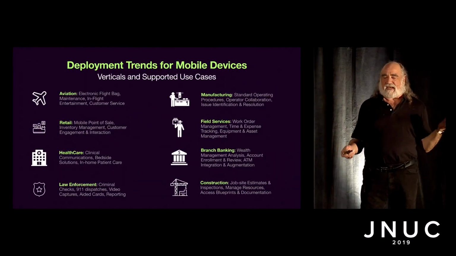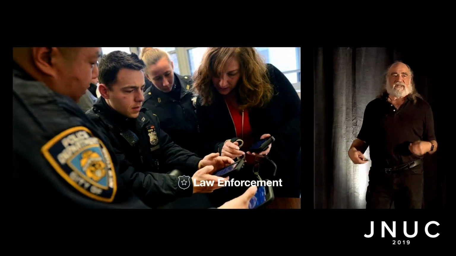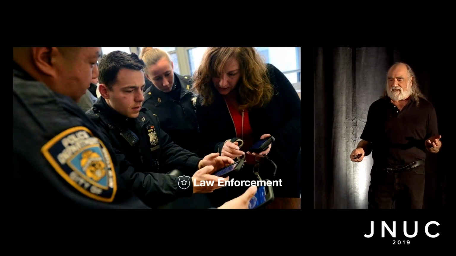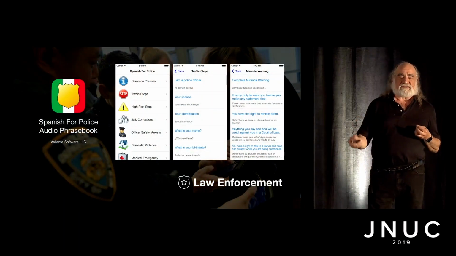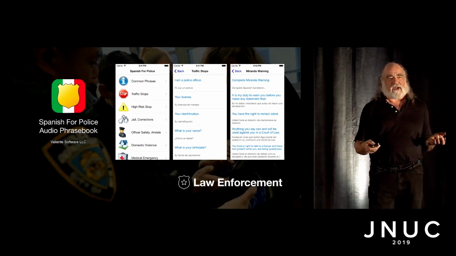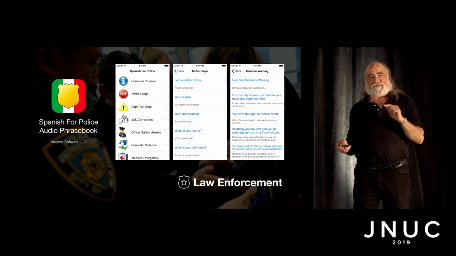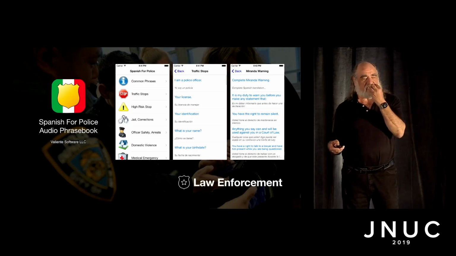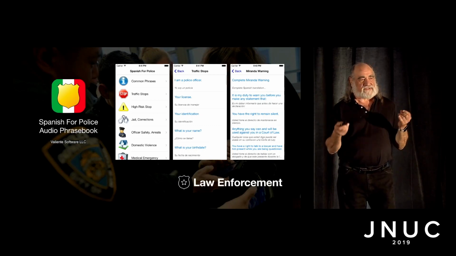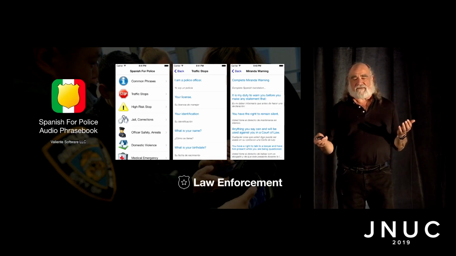It's just one aspect. Let's take a quick look at another one, like law enforcement. If there's anybody that you want to have access to information, it's a law enforcement officer that you're dealing with. And one of the nice things about the Apple enterprise platform is that you can have third-party software, like this software, where an officer can just tap a phrase and it will say the phrase in Spanish to the person they're dealing with. And you can say things like driver's license, or you can even have it do Miranda rights if you wanted to do that.